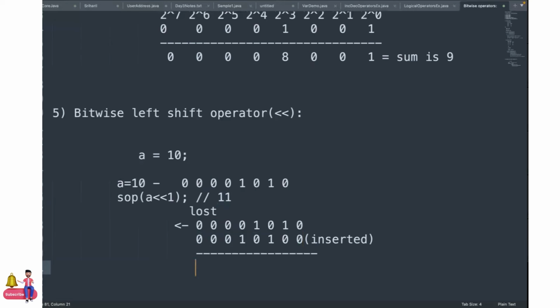Now you know the 2's powers, right? This is 2 to the power of 7. This is 2 to the power of 6, 5. What is this one? 4. So 2 to the power of 4, how much? 2 into 2 is 4, 4 into 2 is 8, 8 into 2 is 16, right? Did I write it correctly?